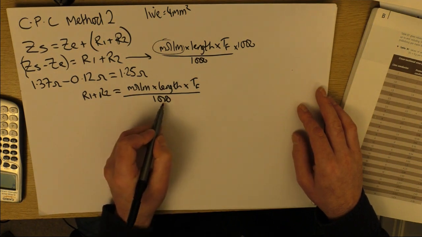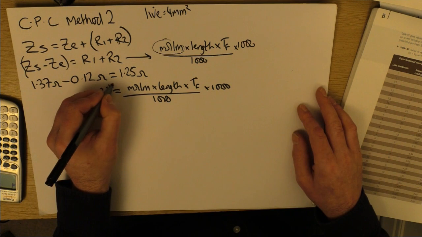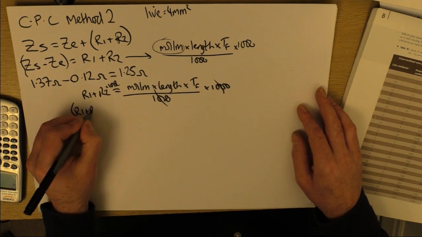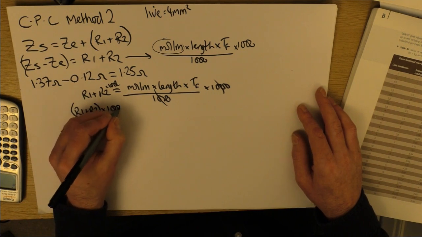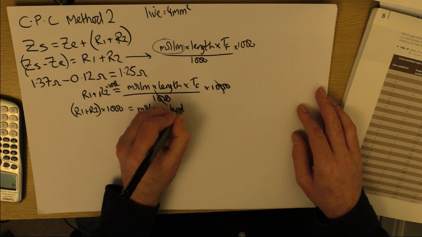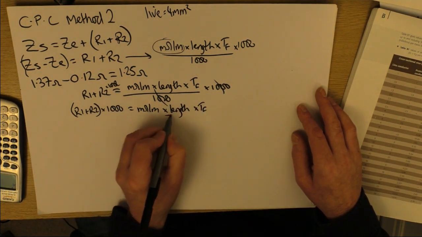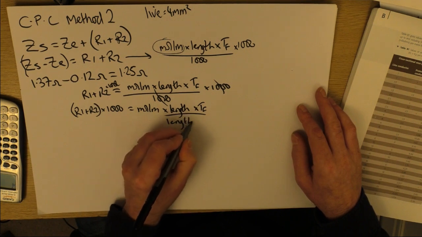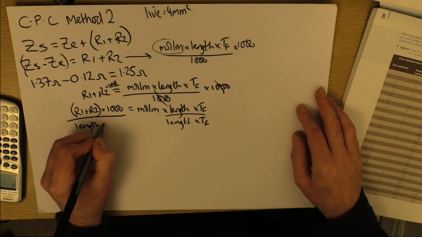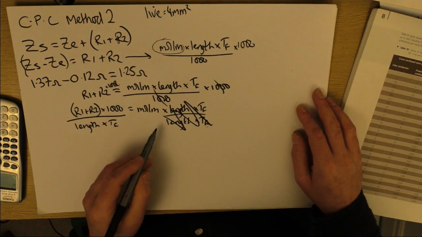And like I say, we'd multiply that out, copy it that side, cancel, and then you've got R1 plus R2 times 1000 equals milliohm per meter times length times temperature factor, and then we just divide out these, copy it that side, and cancel, and then we've got our equation.